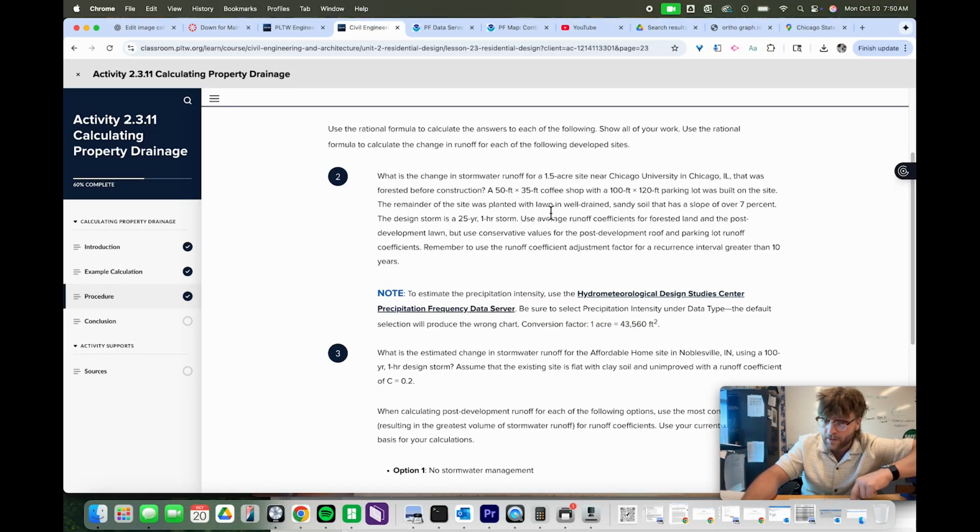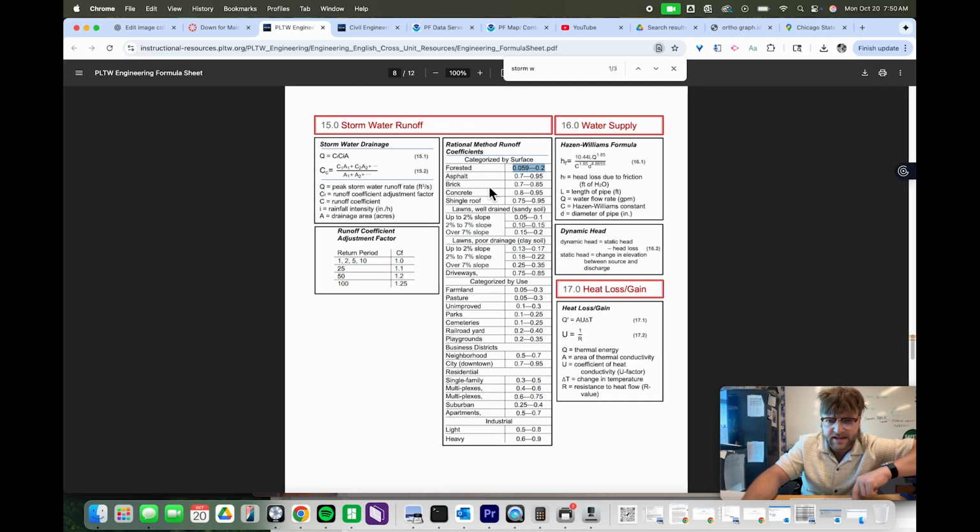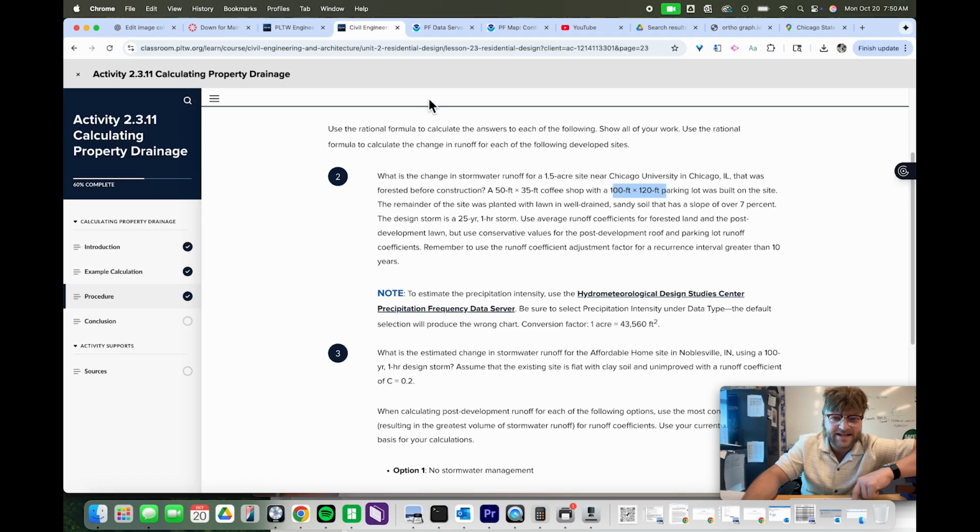So C, remember, this is for the parking lot. They say to use conservative values for the roof and the parking lot. Now if we go into here, we've got the parking lot, and they want us to be conservative with that. So we're going to end up using that 0.95. Keep in mind, asphalt or concrete. Let's check and see if they make that designation.